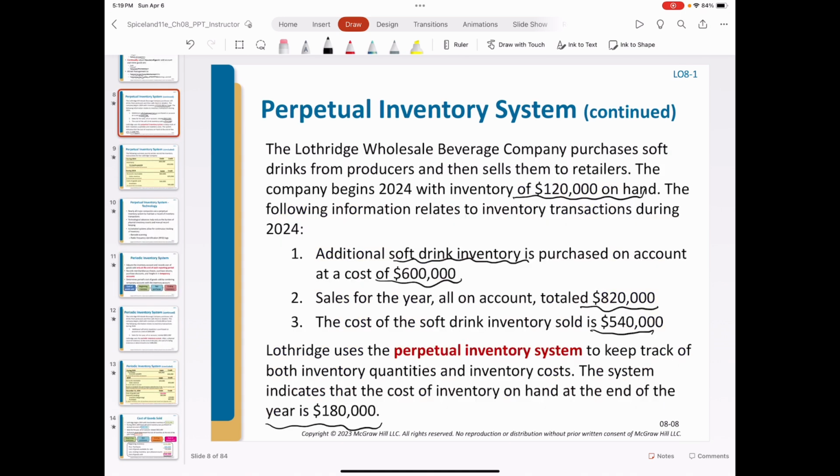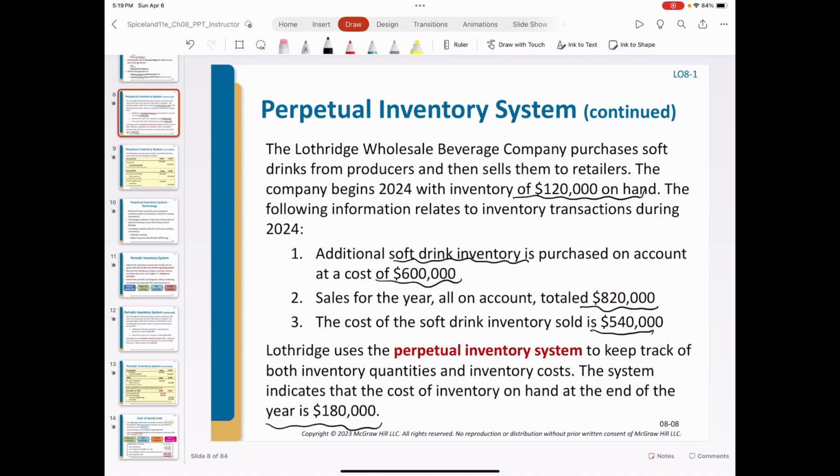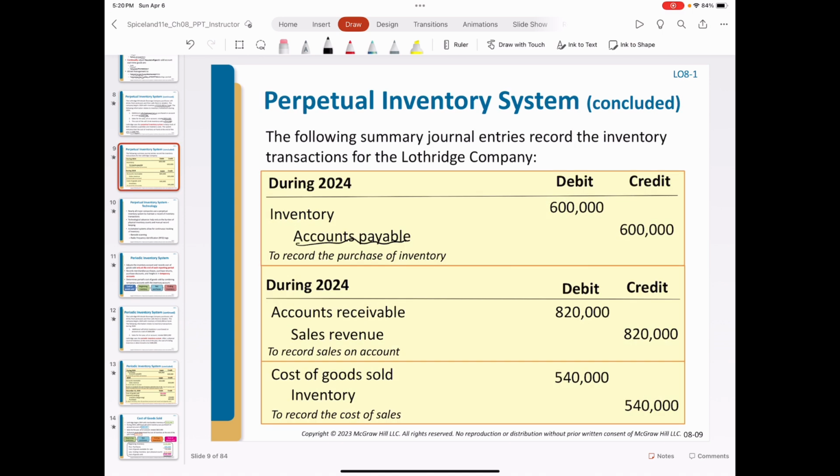For the sales of 820, it will recognize accounts receivable and sales revenue because it was a sale on account. The cost of the inventory sold is $540,000, so we debit cost of goods sold and credit inventory.